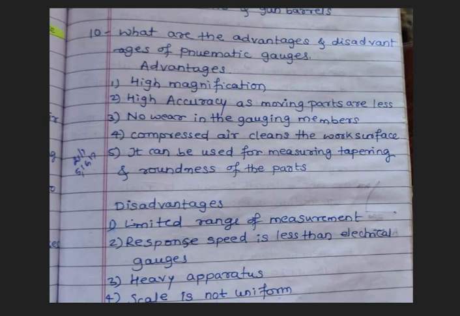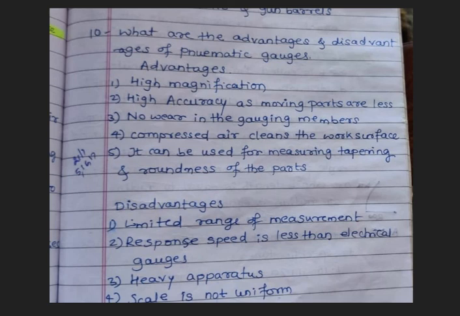Fourth one, compressed air cleans the work surface, as the compressed air is made to measure the things itself. Therefore, cleanliness is very well maintained there. Fifth one, it can be used for measuring tapering and roundness of the parts. These are the advantages we are having from the Solex pneumatic gauges. Disadvantages of the Solex pneumatic gauges are: one, limited range of measurement.